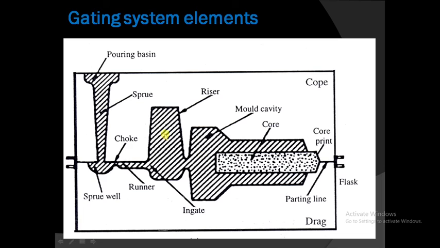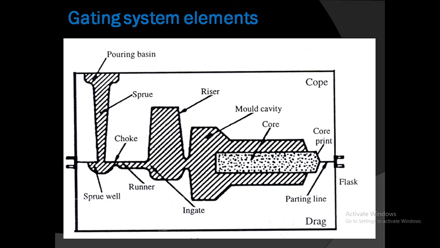This is one of the characteristics. And the gating system should provide a suitable temperature gradient towards the riser. That means it should solidify in such a way that the riser is solidified at the end.